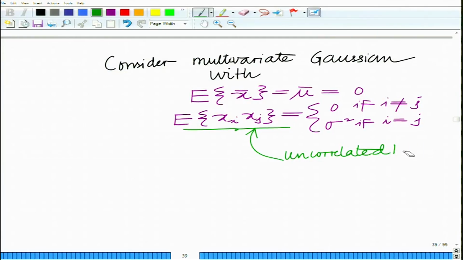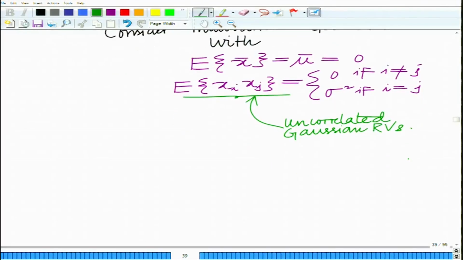These are uncorrelated Gaussian random variables, where the cross covariance is 0.